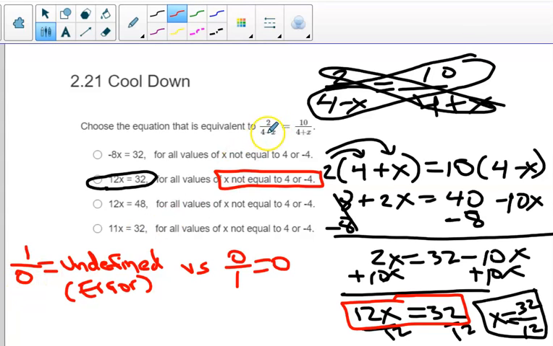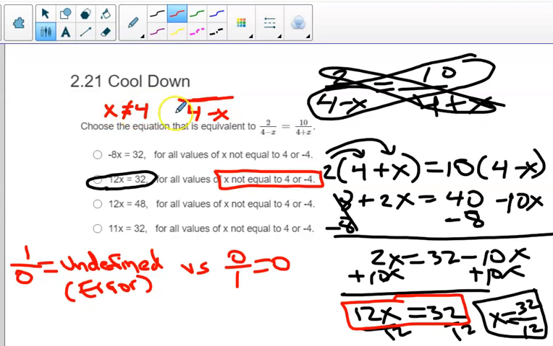So if we look at the first fraction, we have 4 minus x. What does x have to be here to make the bottom 0? If x was 4, then 4 minus 4 would be 0. So on the denominator, we could have any number we want except 4.